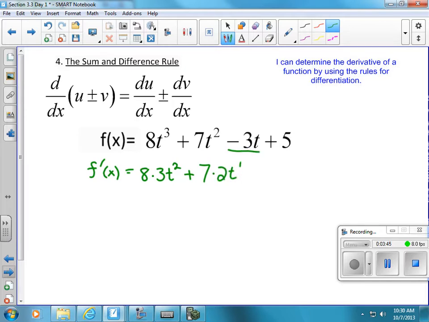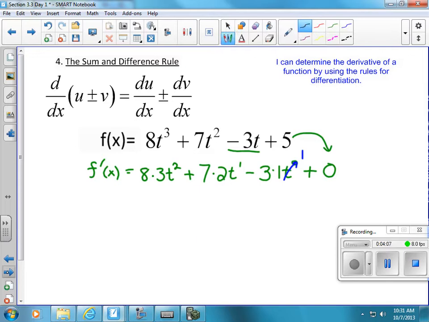Now, when you take the derivative of negative 3t, you get negative 3 times 1 times t to the 0. Don't forget that anything to the 0 is 1, so t to the 0 equals 1. And then the derivative of our 5 is plus 0, because the derivative of a constant is always 0.